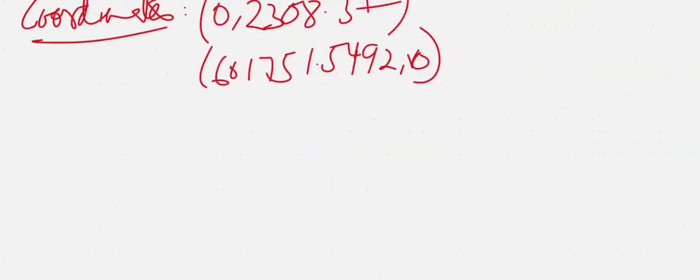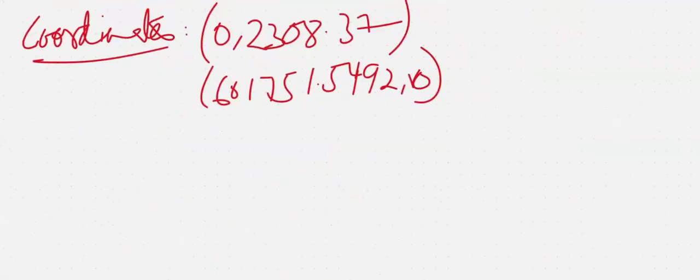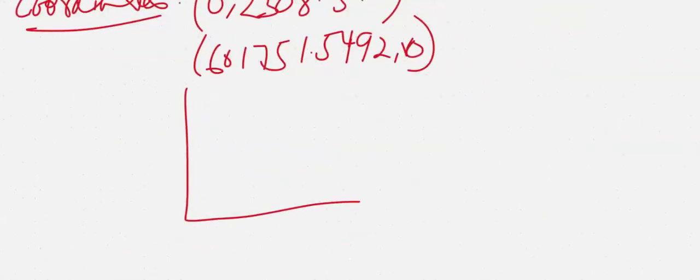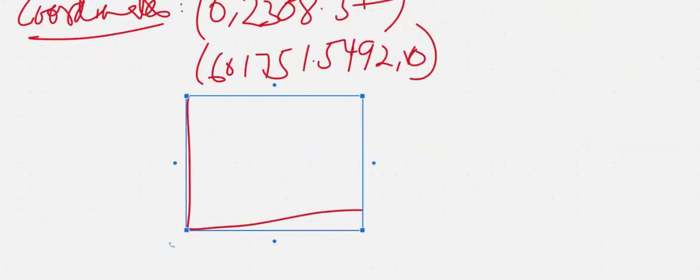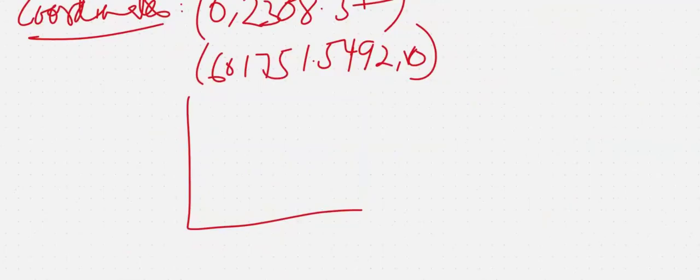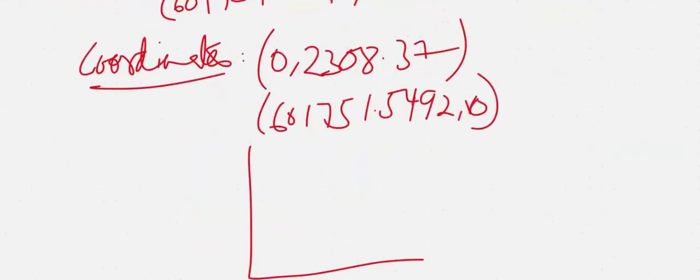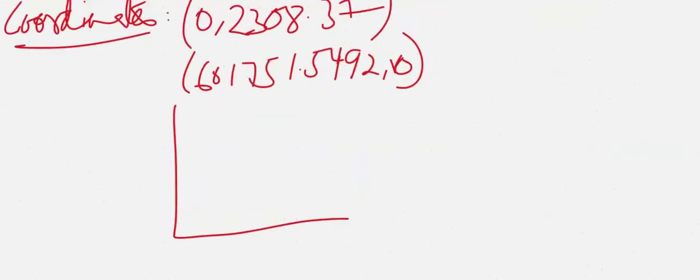So simply, you can use a ruler and your pencil or pen. Then this will be our demand curve. Then we have 0 here, the origin, you have the price, you have the quantity.